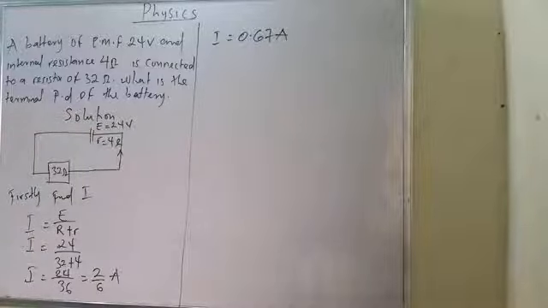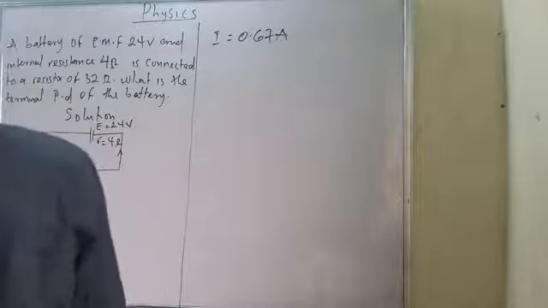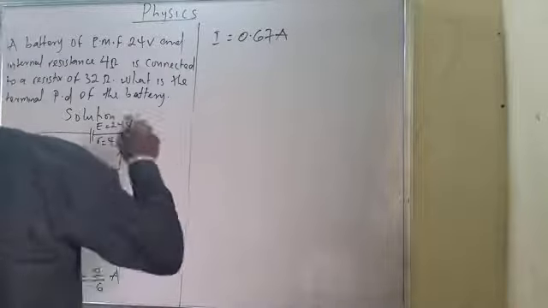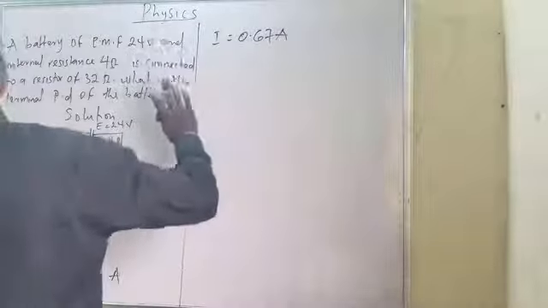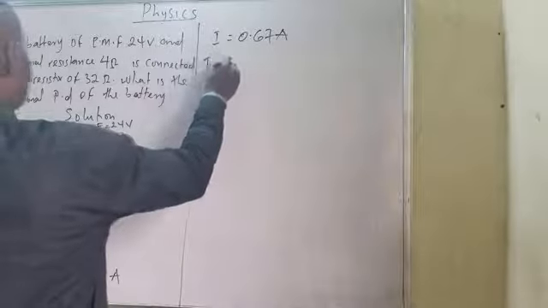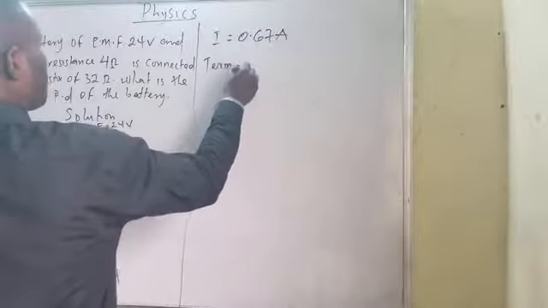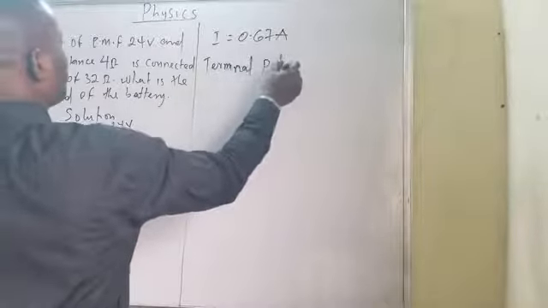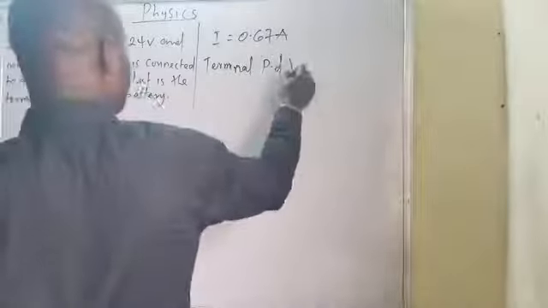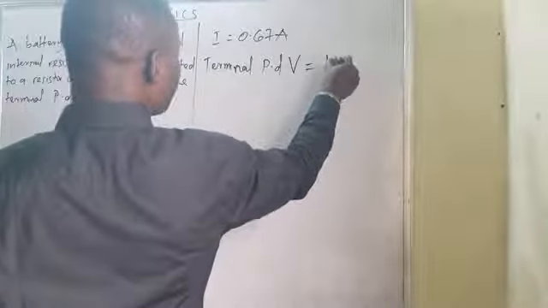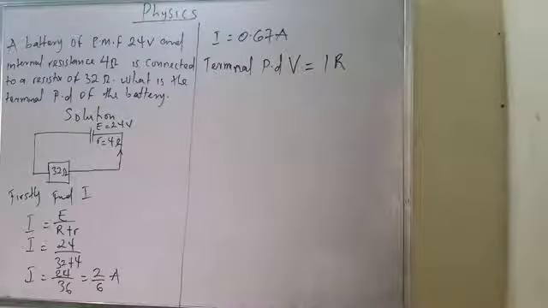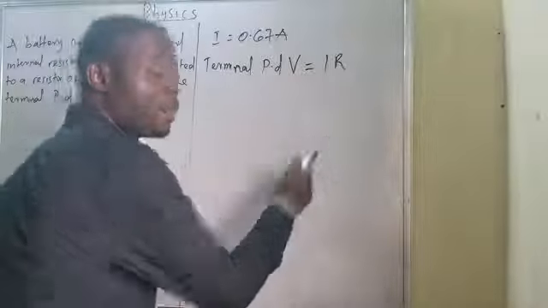Now, from there, I can continue with the terminal potential difference. We call the terminal potential difference big V, which equals I of big R, because it is terminal, as I told you earlier, with the help of Ohm's law.